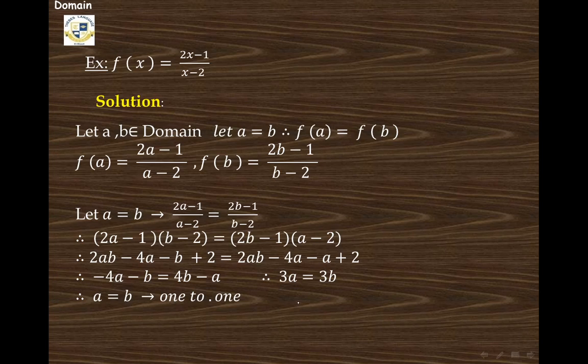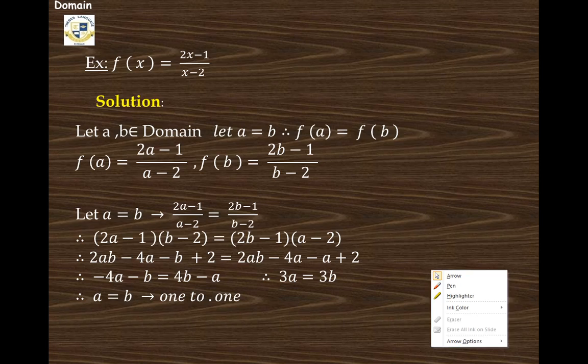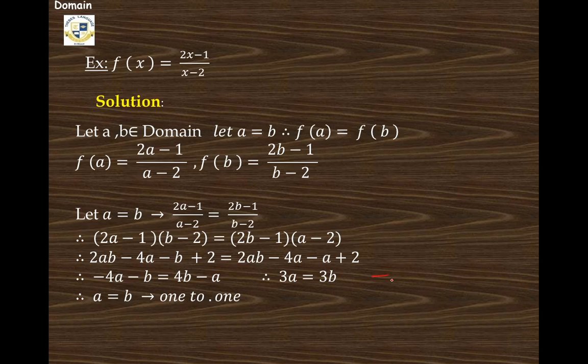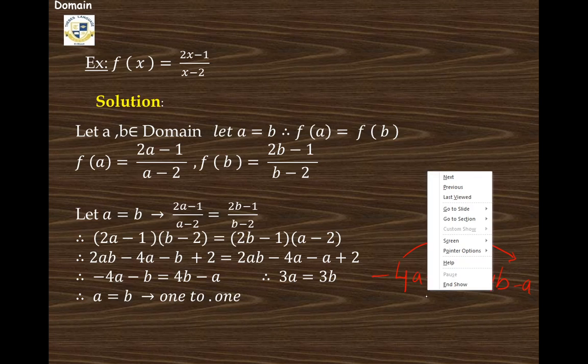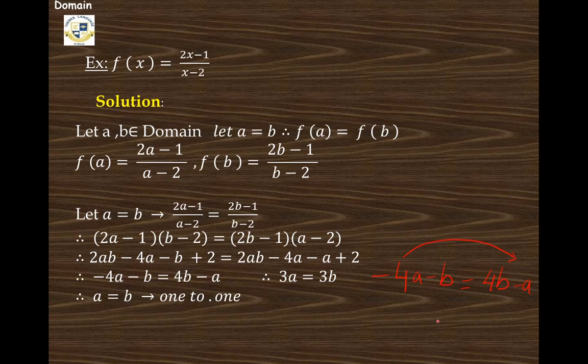Again, this step: negative 4a minus b equals 4b minus a. I will move negative 4a to the right hand side, also 4b here. This is negative 4b minus b.